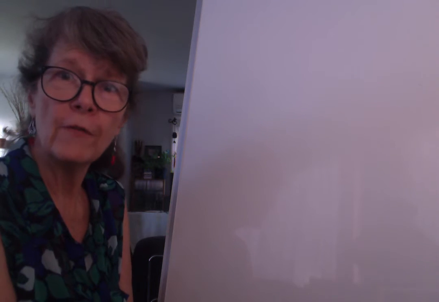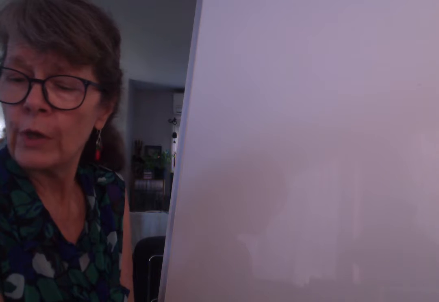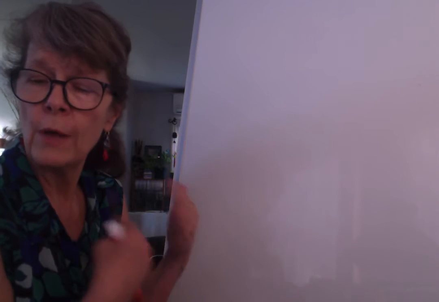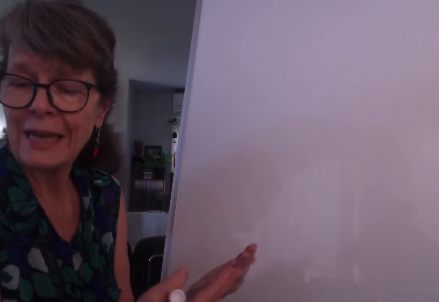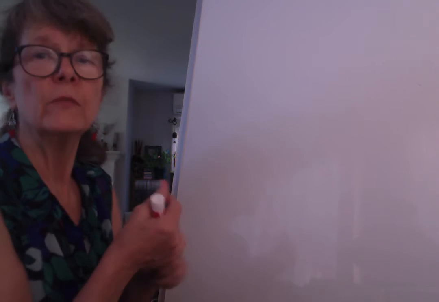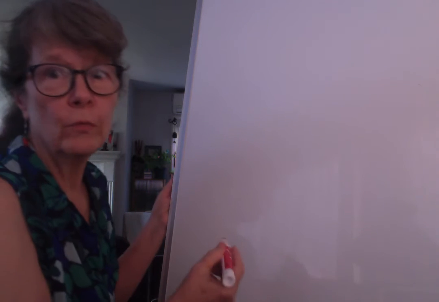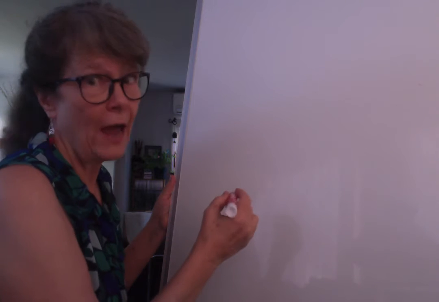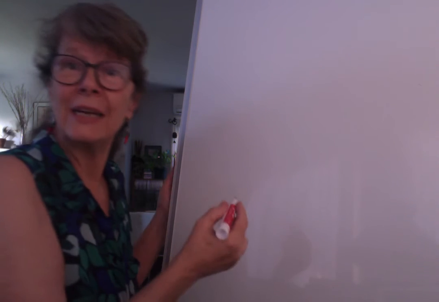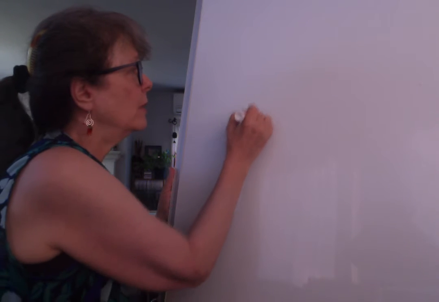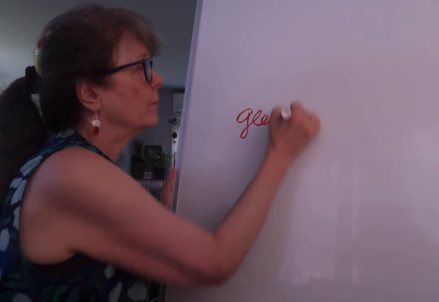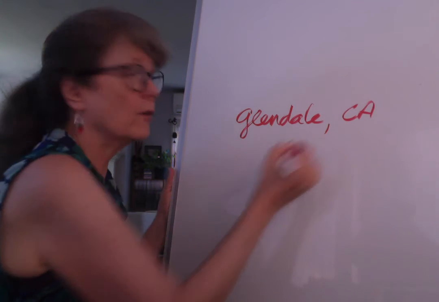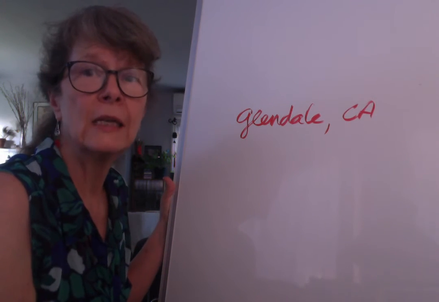The first of these other commas we use when we're writing down geographical places or dates. If we're writing an address, or a city and a state, for example, Glendale, CA, we have to put a comma between that city and the state.